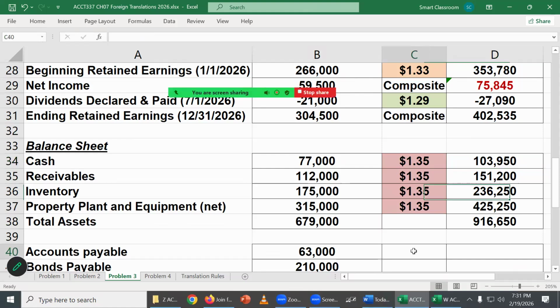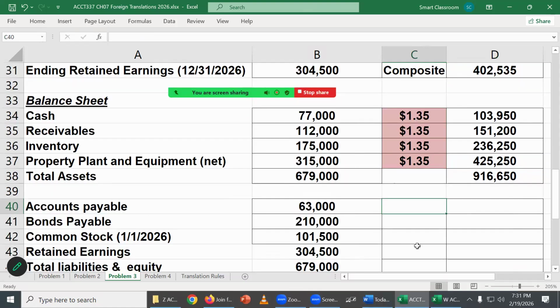Okay, so let's see. Accounts payable and bonds payable, this will be the same.